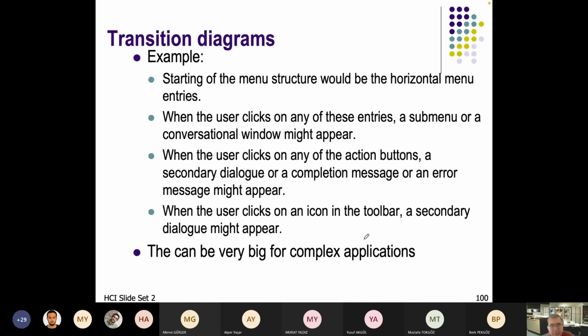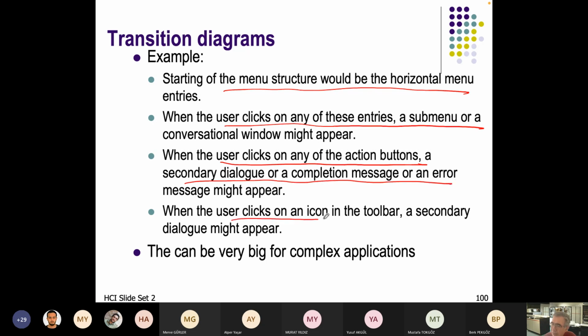So, similar behavior like starting of the menu structure from the horizontal menu. When user clicks on any of these entries, submenu appears. When user clicks on any of the action buttons, secondary dialog appears. User clicks on the icon in the toolbar, secondary dialog appears. So these kinds of description can be very big and tiring for complex applications.